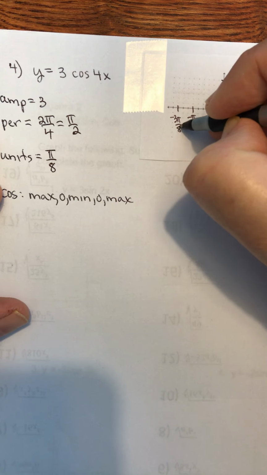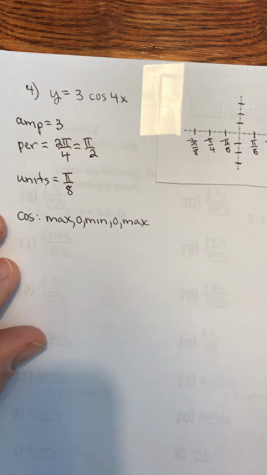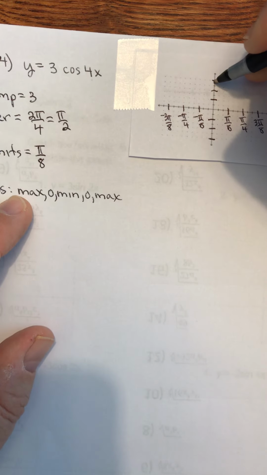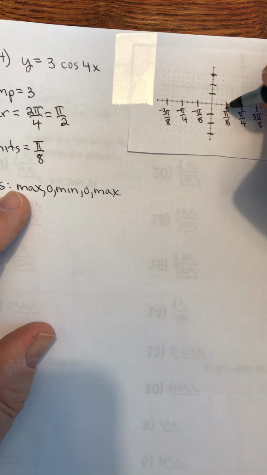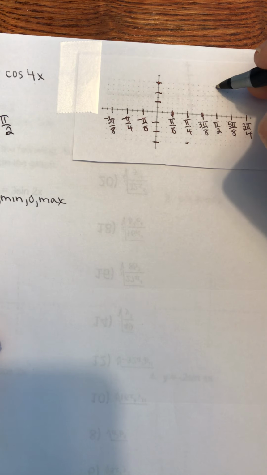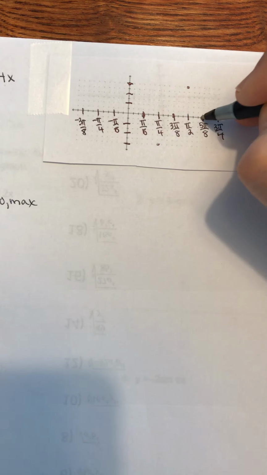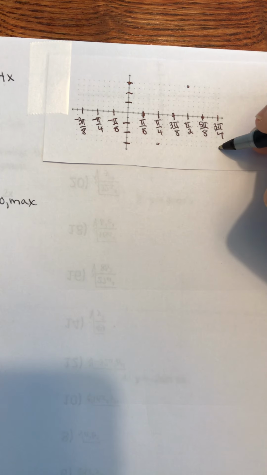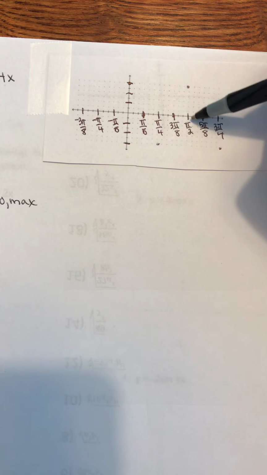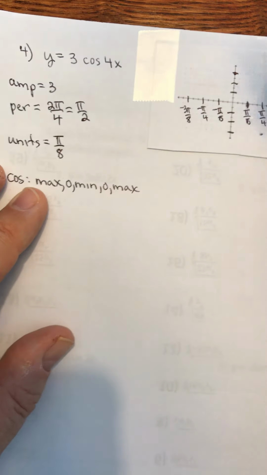And there's no reflection on this one. That's a positive, no reflection. And it starts at a maximum. The maximum is that 3, because the amplitude's 3. So max, 0, min, 0. And that pattern just keeps going on and on and on. And if you do this correctly, the fourth one, 1, 2, 3, 4, should match your period, and it does.